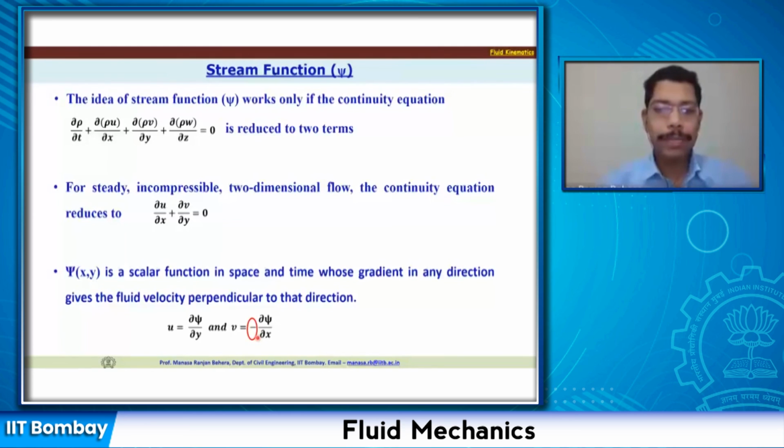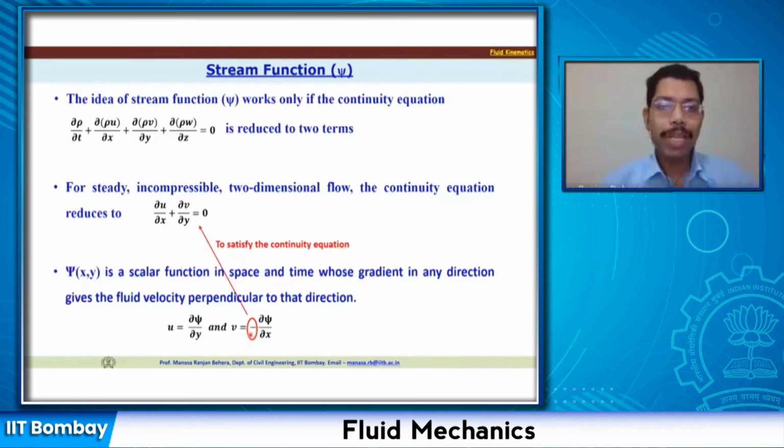If you look at this continuity equation, this is dou u by dou x, and you substitute u, which is nothing but dou psi by dou y. So it will become dou square psi by dou x dou y. And if you substitute v in this, it will become again dou square psi by dou x dou y with a minus sign.